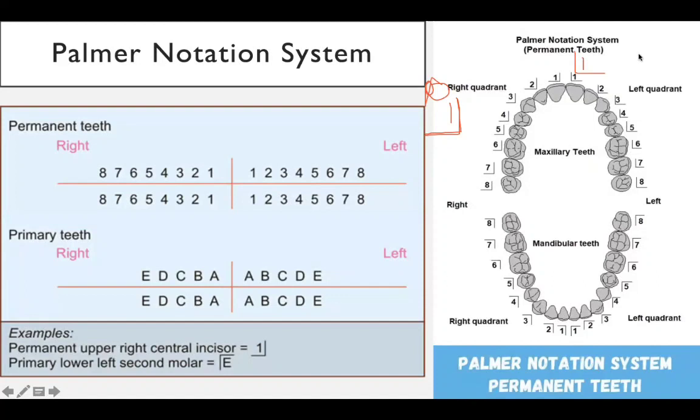How to remember? This has an L, L is for left. So whenever there is a number, for example 3, and this line makes an L, it is the left quadrant. Because on the upper side, the upper edge is free, it is upper jaw, left quadrant, third tooth, which is the upper left canine.